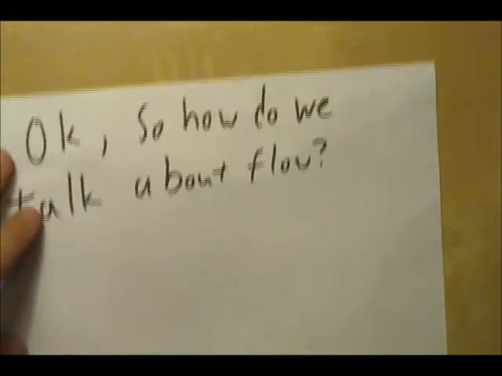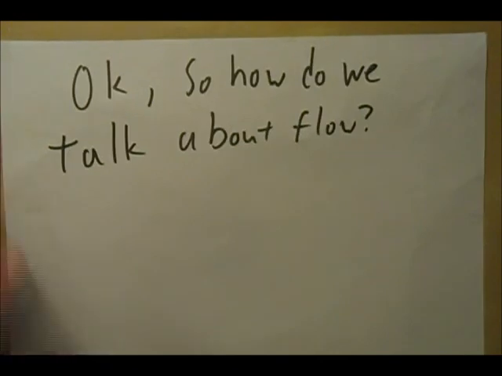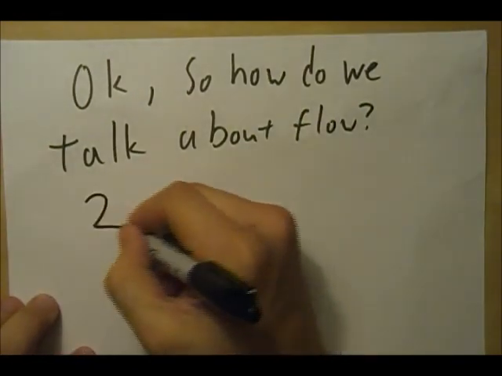Now, water is a really good thing to talk about because everyone understands how water flows. Sorry about that. So we're going to talk about how we talk about the flow of electrons. Now, there's two ways that it can flow.